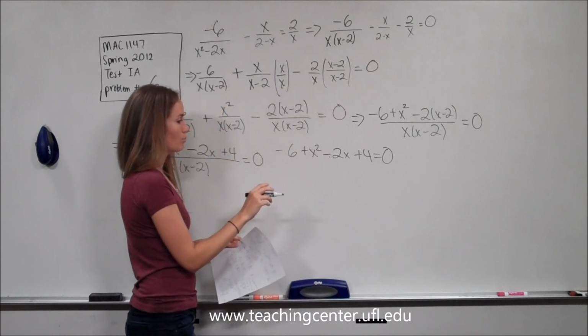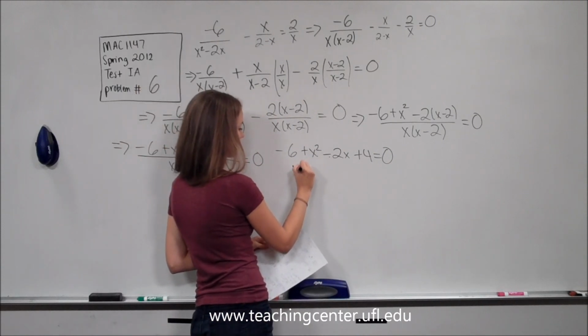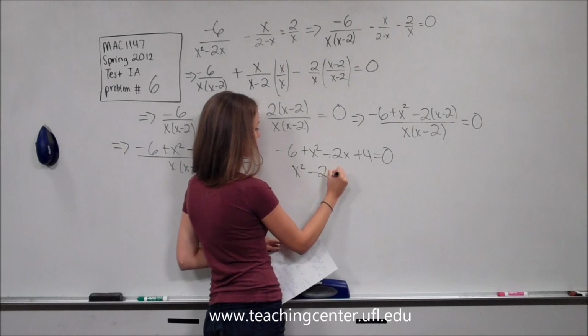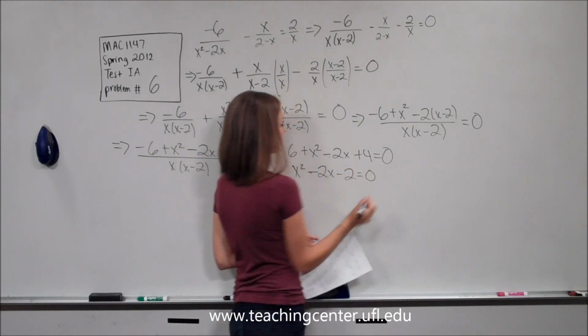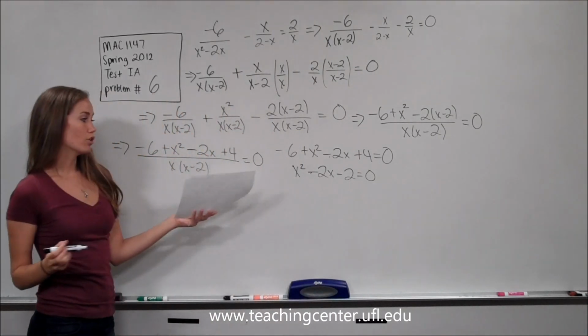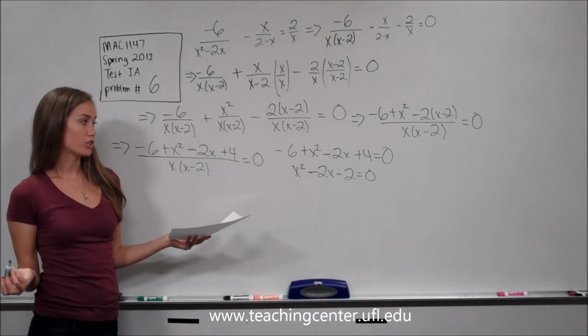And we can simplify that a little bit. So we can rewrite it as x squared minus 2x, and then -6 plus 4, so minus 2, equal to 0. And so the only way to solve for x now is to use the quadratic formula.